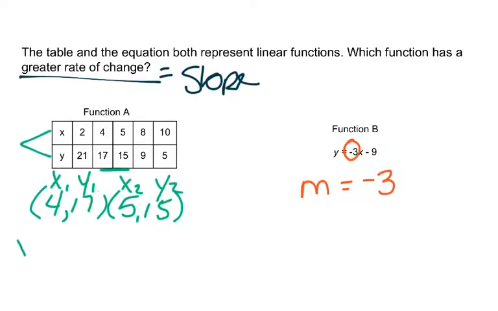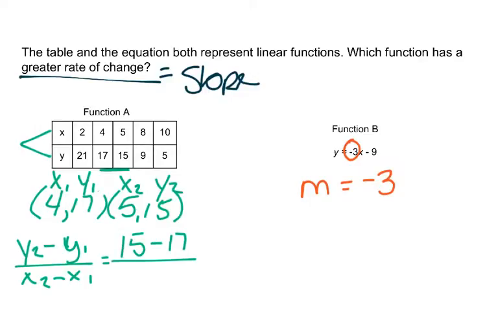My formula is y2 minus y1, that's finding the slope, over x2 minus x1. So let's try that. 15 take away 17 over 5 take away 4. 15 take away 17 is -2. 5 take away 4 is 1. So my slope for my table is -2.